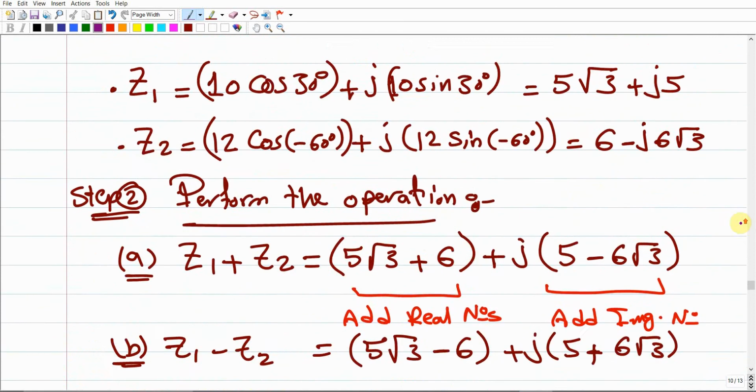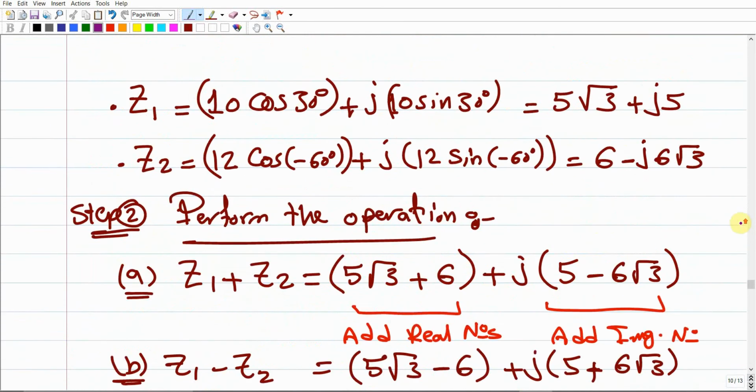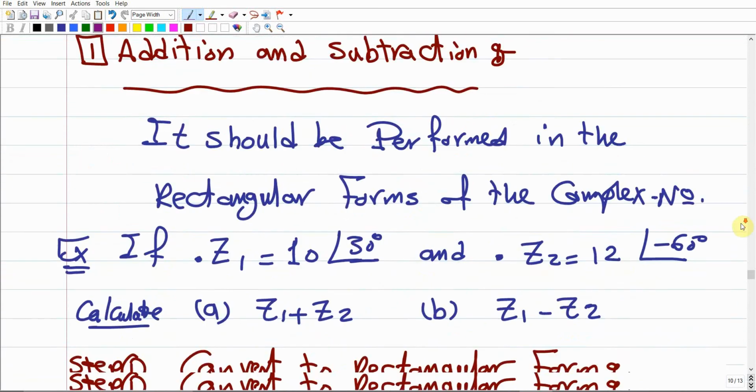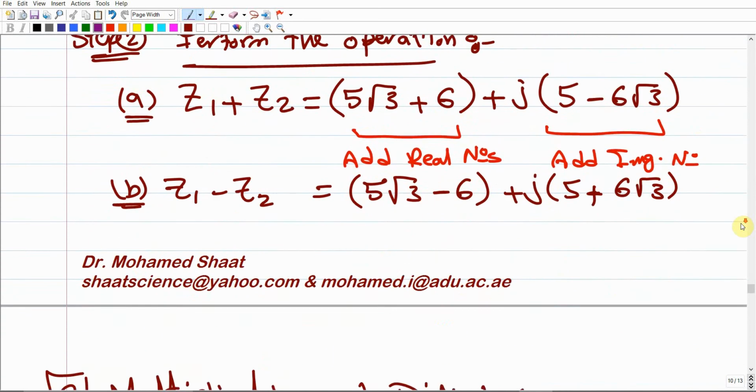Also, we discussed before the addition and subtraction of two complex numbers. Addition and subtraction should be performed in the rectangular coordinates, but multiplication and division can be done in any form, though it is much more recommended in the polar form or the exponential form.